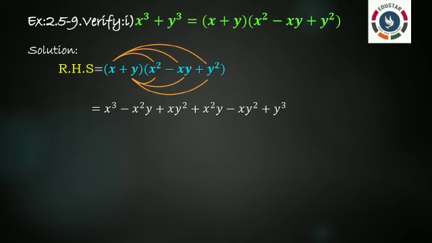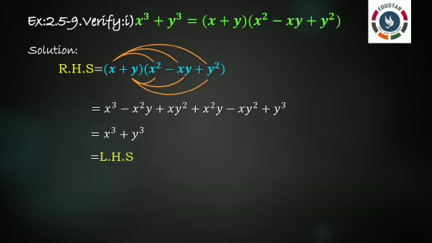So our step will be: x cube minus x square y plus xy square plus x square y minus xy square plus y cube. Here minus x square y and plus x square y get cancelled, and xy square minus xy square get cancelled, and finally we get x cube plus y cube, which is equal to LHS.